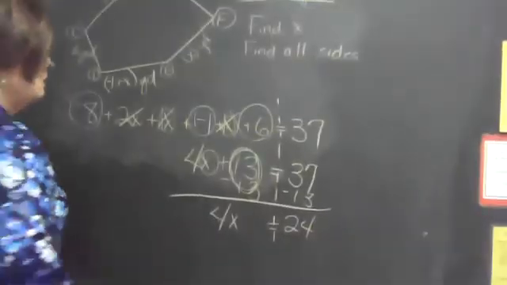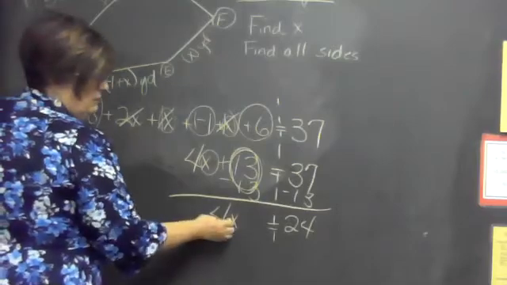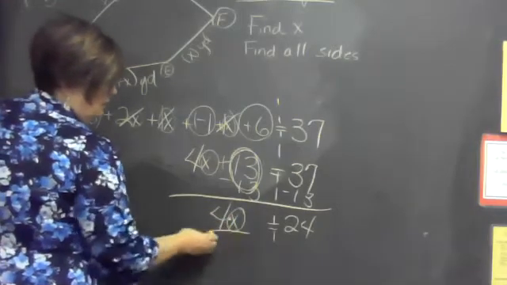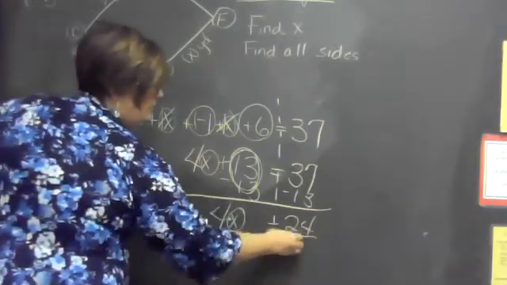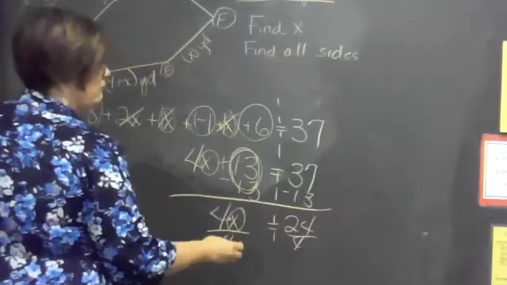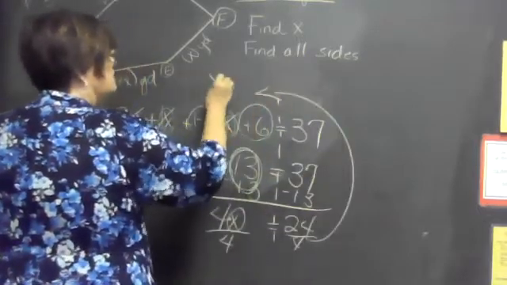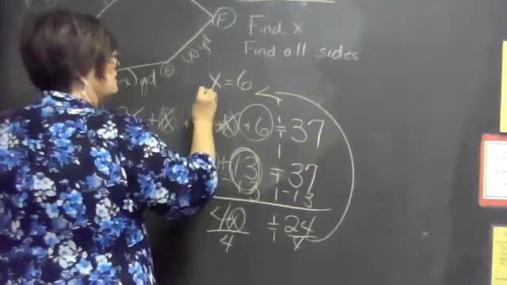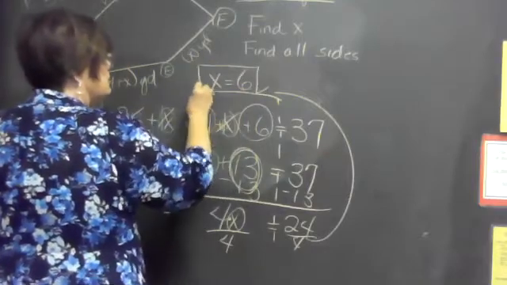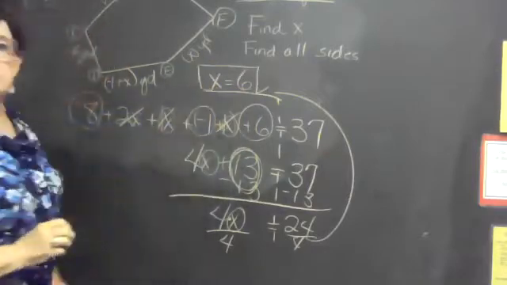Yes, barely. And then now we have to get rid of the 4. So we divide by 4, and now we find out that X equals 6. Okay, this is important to us. We found out what X is now.